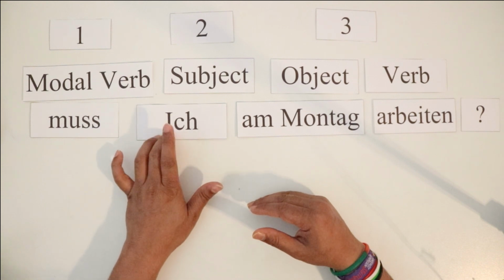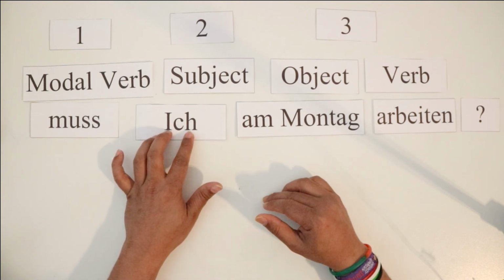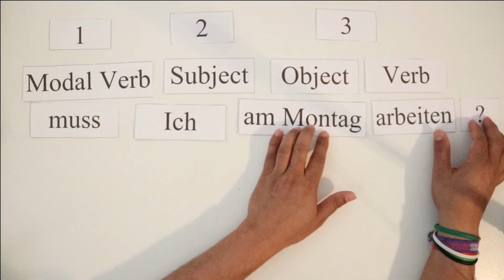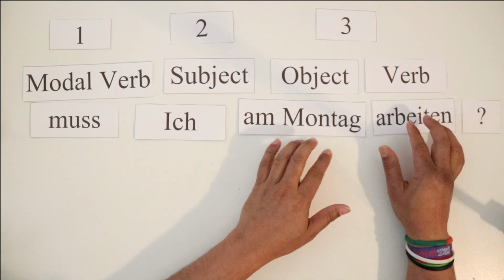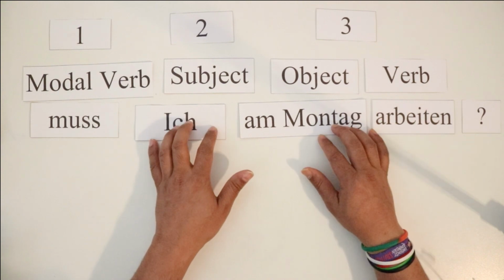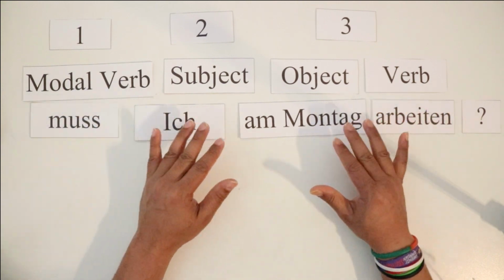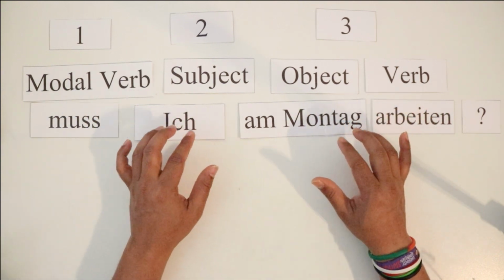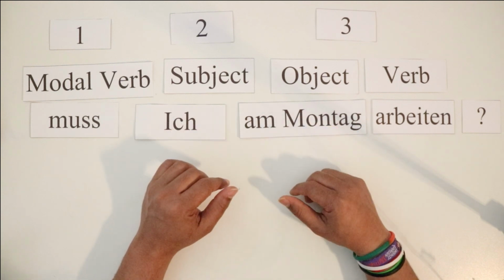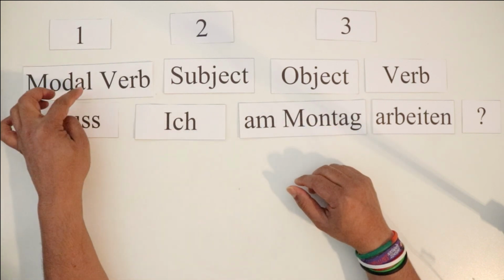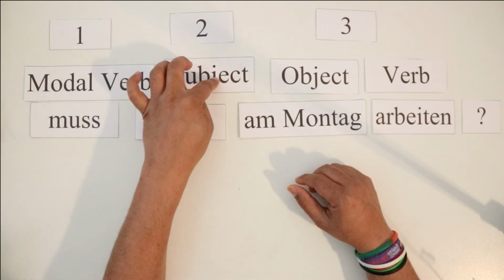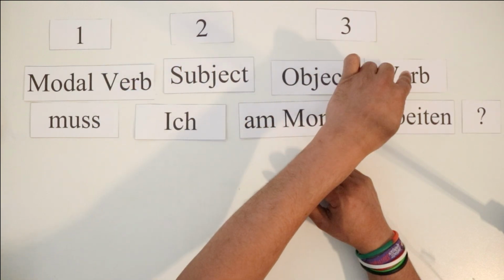Okay, everything else will be written in small letters, and everything will be the same, and one interrogative sign will be at the end. So this is the interrogative sentence structure in the German language, when you have the modal verb, subject, object, and then the verb.